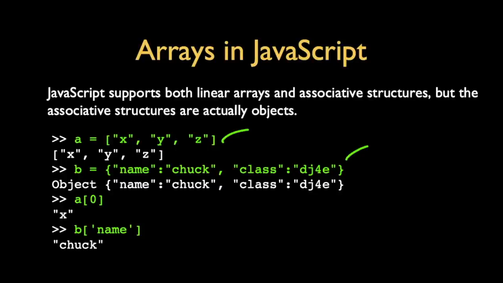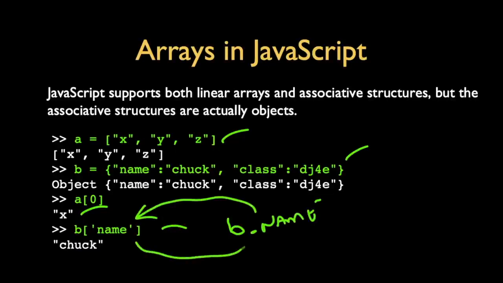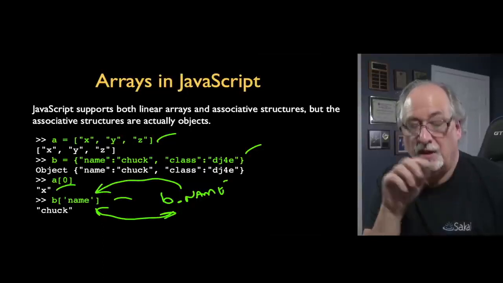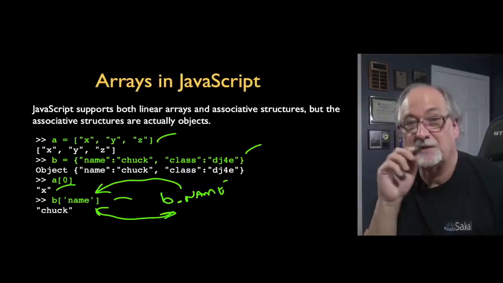Now, you can say a sub 0, which gives you x, which is that first element, and you can say b sub quote name quote. You can do that. Another way to say that is b dot name. Those two syntaxes, and this confused the heck out of me when I was first learning JavaScript, mean the same thing. They both are saying look up an attribute of the object b that's named name.